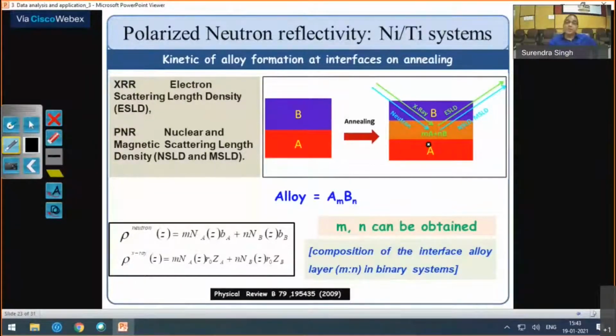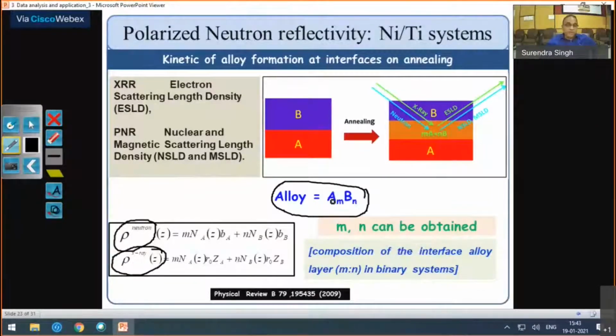So in that case, we have proposed this: if we do X-ray as well as PNR, we can estimate the exact composition of the alloy, even if the alloy is amorphous. How? From neutron reflectivity we know the nuclear scattering density, and from X-ray we know the electron scattering density.